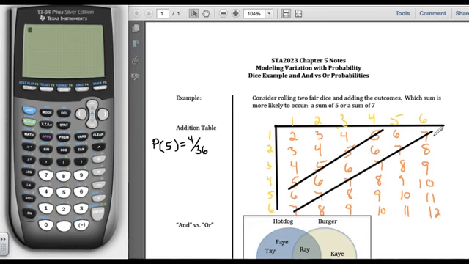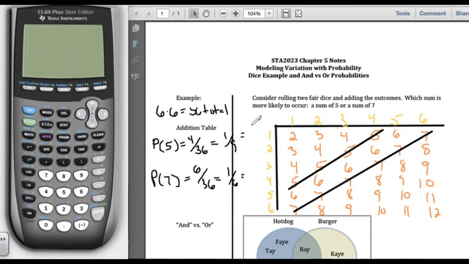If you count all of these up, that would give you 36 as well. You've got 6 in each row times 6 in each column. 6 times 6 gives you the 36 total as well. As far as my 7 goes, probability of 7 would be 6 out of 36. This is 1/9. This is 1/6, and it's helpful to have those decimals to compare.